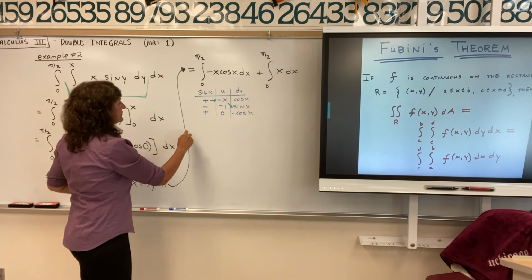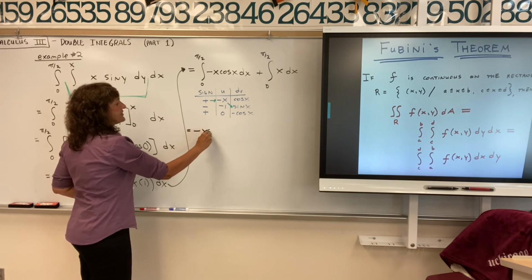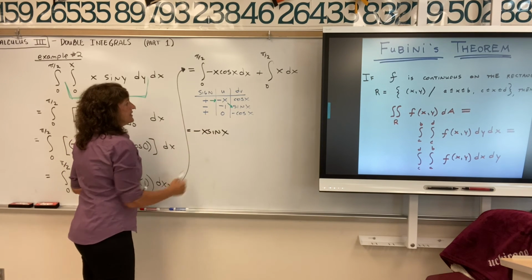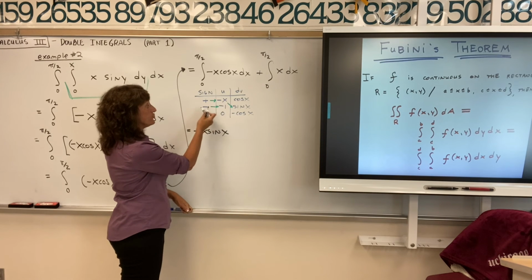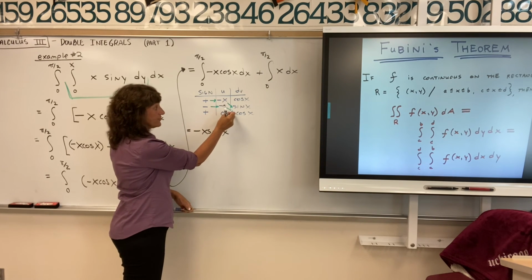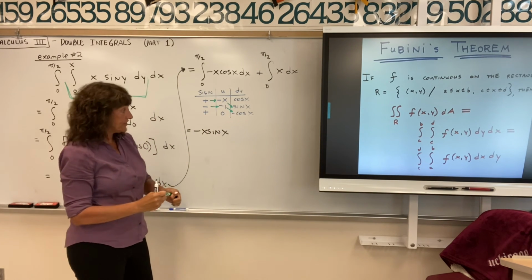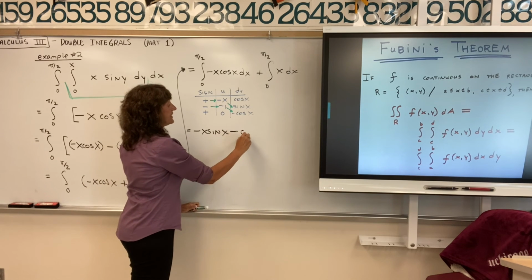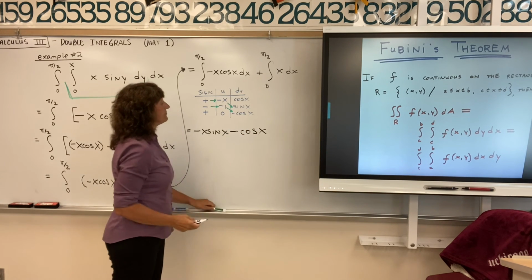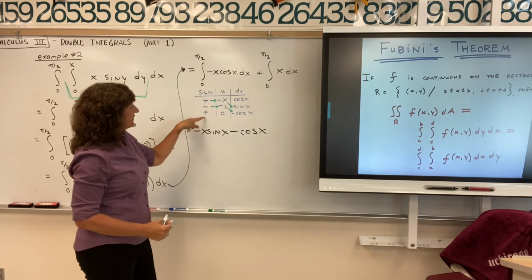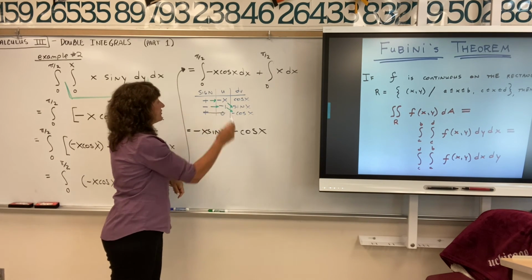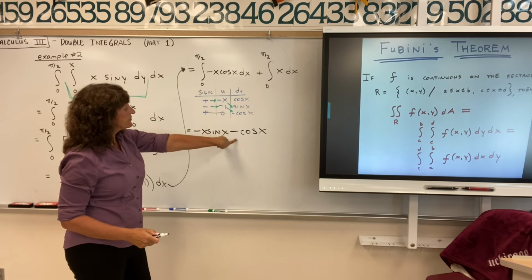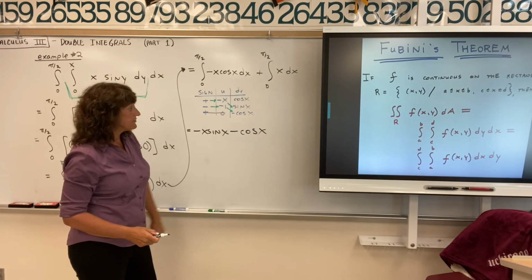Your next term, let's see, we have a negative sign being multiplied by 1, and that's being multiplied by a negative cosine x. So your next term is positive cosine x, okay? And then your third term where the 0 is, that's going to knock out. So we're done here. We have the two terms. This is what you get when you do integration by parts, okay?